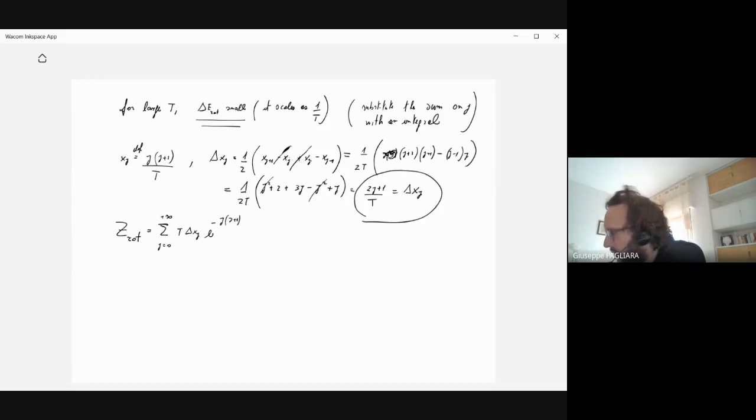But this quantity here, j(j plus 1) divided by t, is just xj. So this is the sum over j from 0 to plus infinity of t delta xj e to the minus xj t rotational.